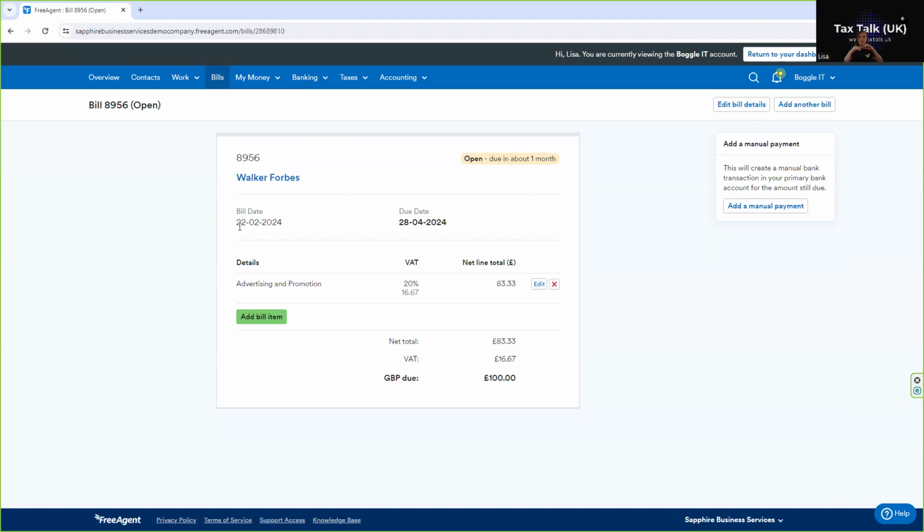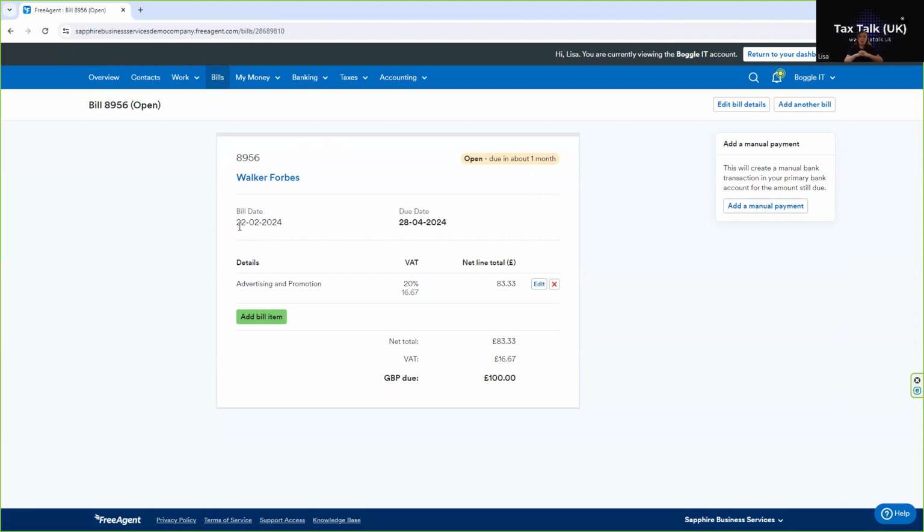So at this point, we have affected our profit and loss. We have incurred that expenditure into our profit and loss, therefore reducing our profit. But in this instance, because we haven't categorized directly from the bank, we haven't impacted our bank balance.